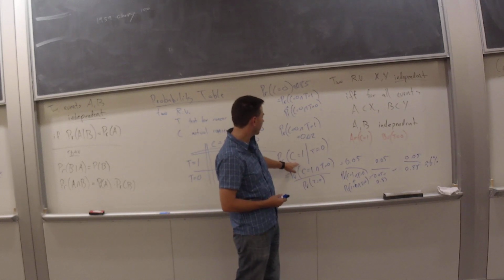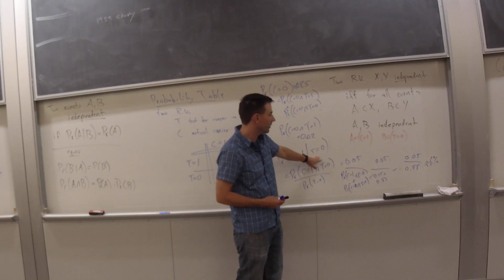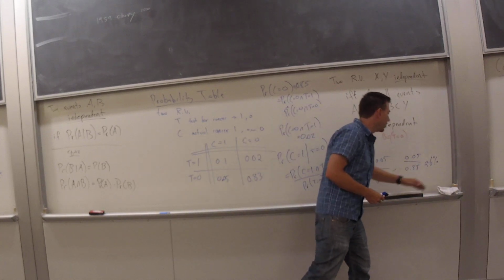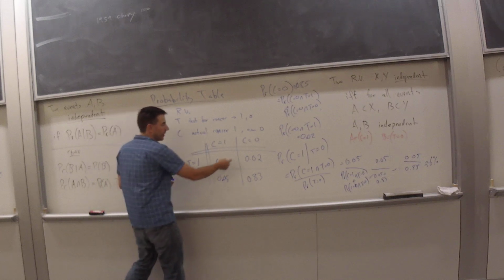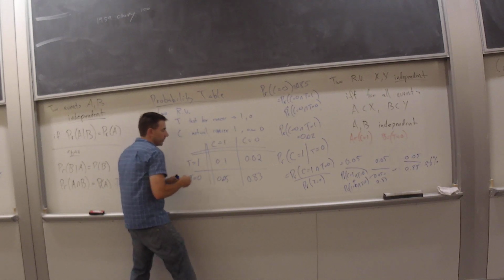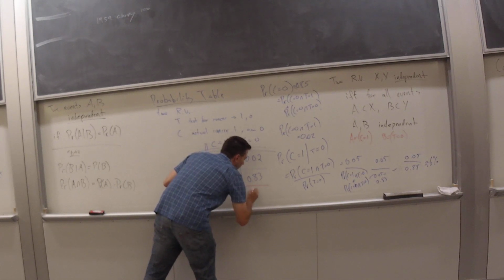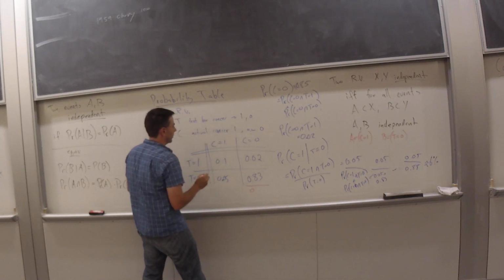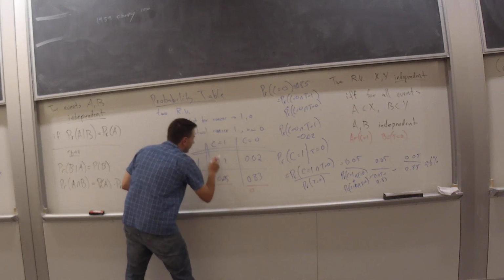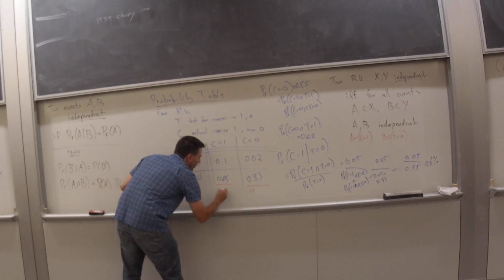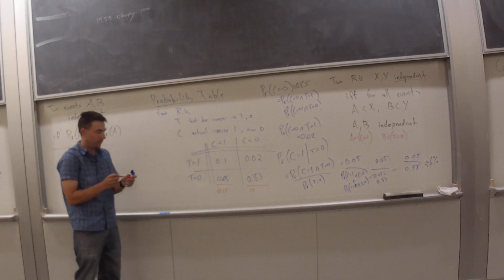Okay, the probability of C equals 1, that I have cancer, given the test. And I said that the probability that I have cancer given the test is 0 is 6%. But what's the probability that I have cancer overall? That's going to be the sum of these two columns, that's going to be 15%.